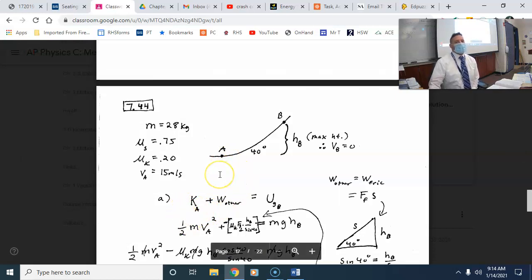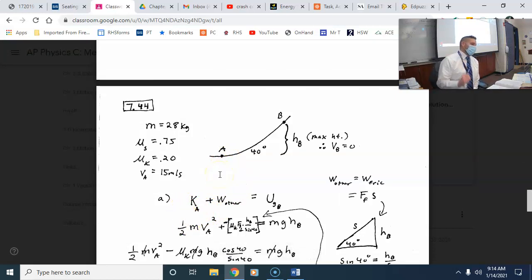And when we do have work done by any other forces, we put them on the left side typically. I include them. So we know work other is being done by friction, and specifically kinetic friction.